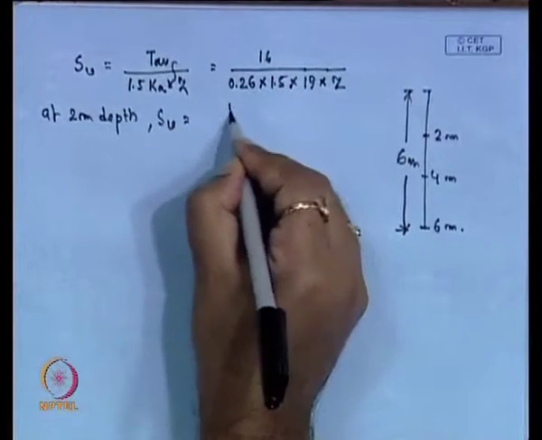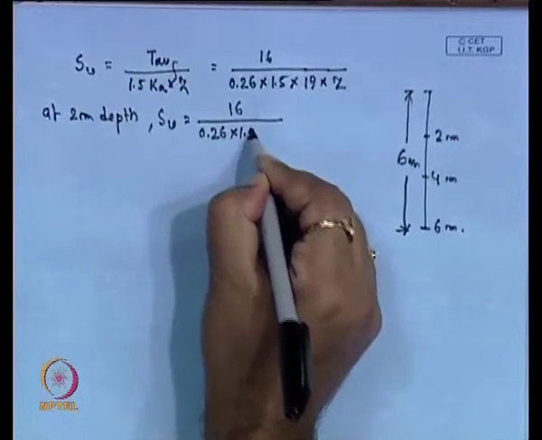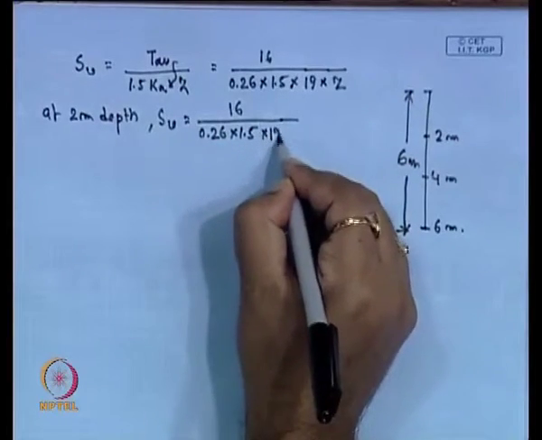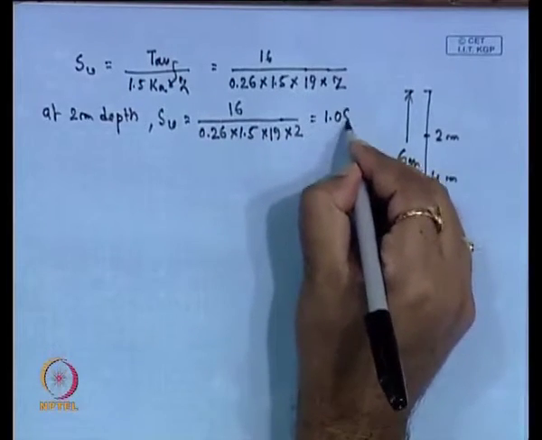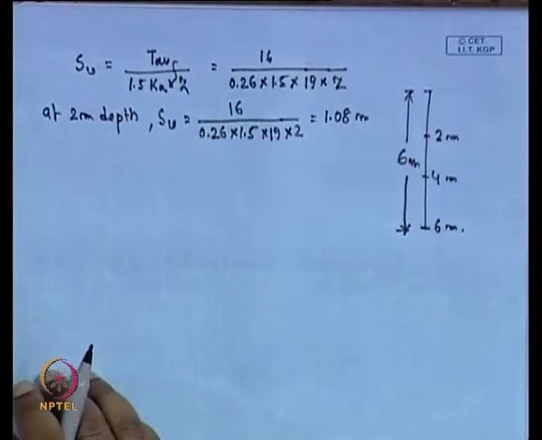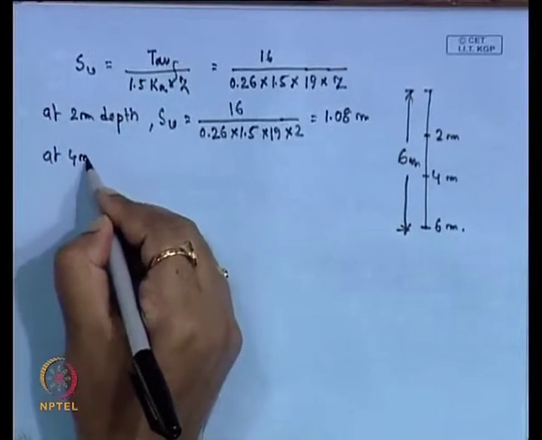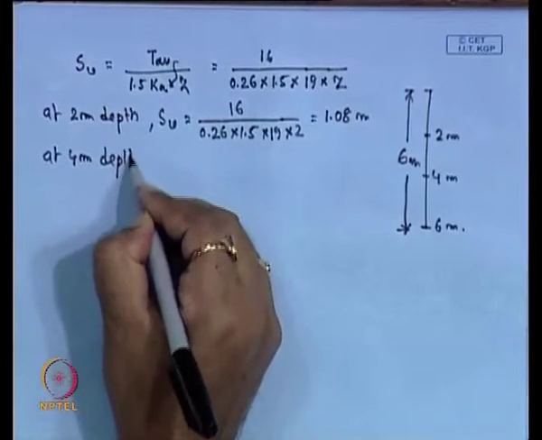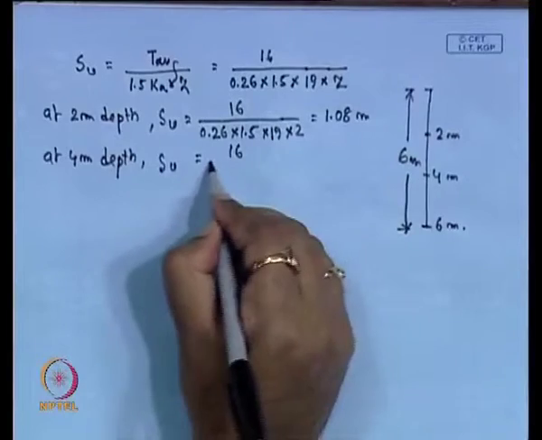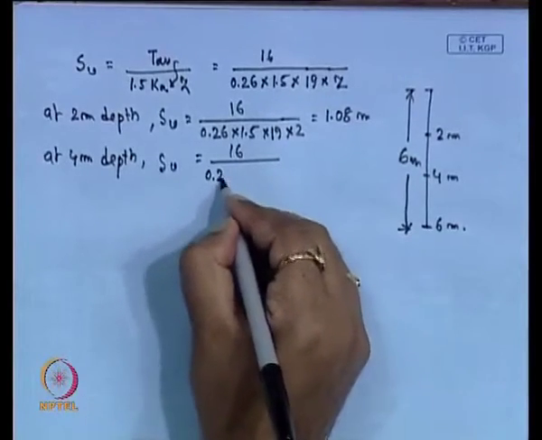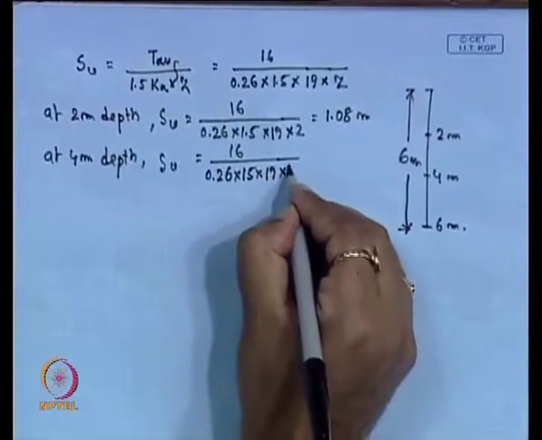S B is 16.26 into 1.5 into 19 into 2. So, that is 1.08 meter. So, at 2 meter depth S B is 1.08. At 4 meter depth, S B is 16 into 0.26 into 15 into 19 into 4.